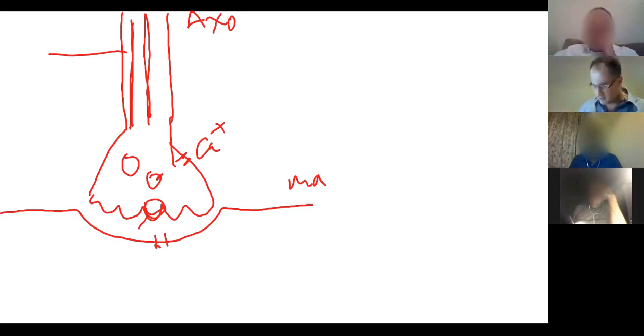The nicotinic acetylcholine receptors, everyone mistakes them as bringing calcium into the sarcomere. That's not what happens. They actually are sodium channels. Once the acetylcholine binds to this here, the sodium comes in and creates another action potential in the sarcomere. This action potential then travels across into evaginations of the sarcomere called T-tubules.